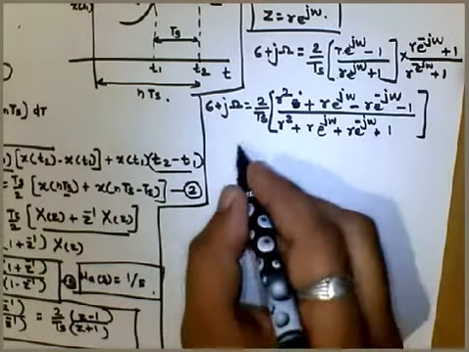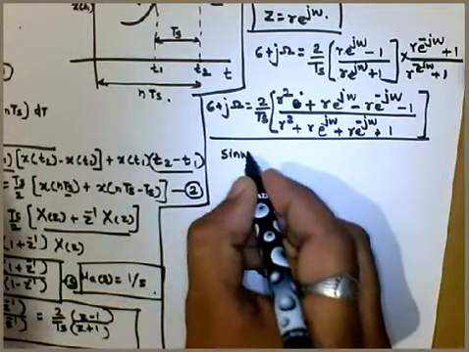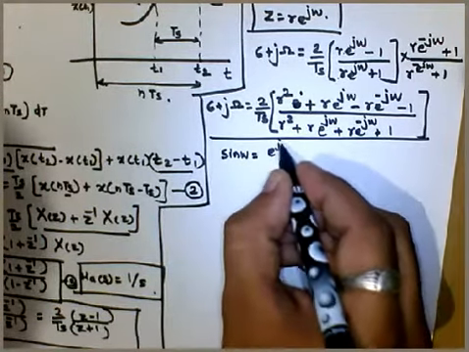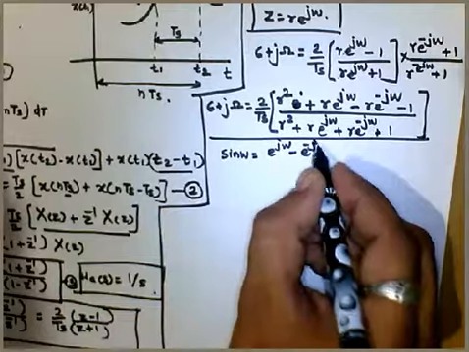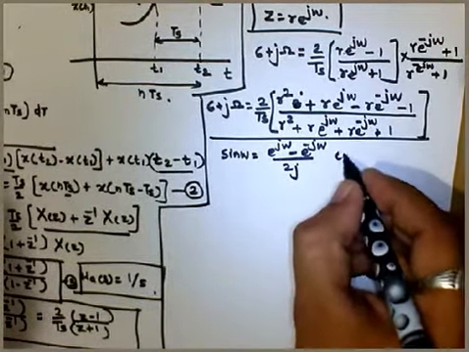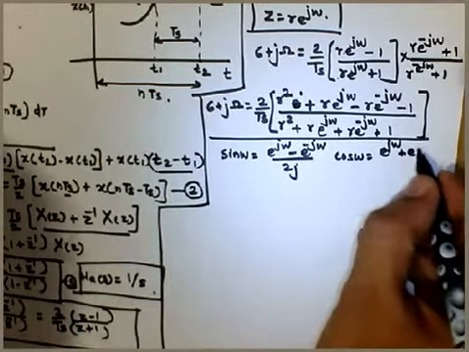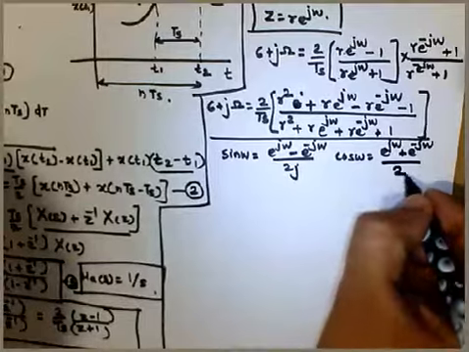Now let's use the simple trigonometric identities: sin omega can be written as (e raised to j omega minus e raised to minus j omega) by 2j, and cos omega can be written as (e raised to j omega plus e raised to minus j omega) by 2.